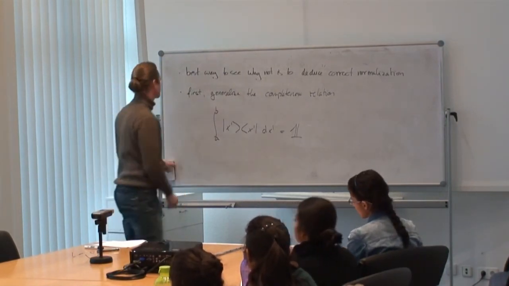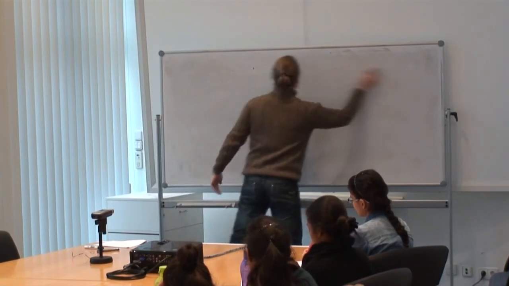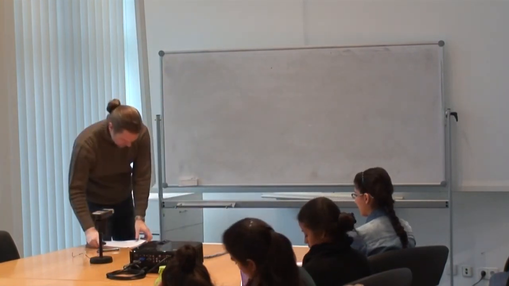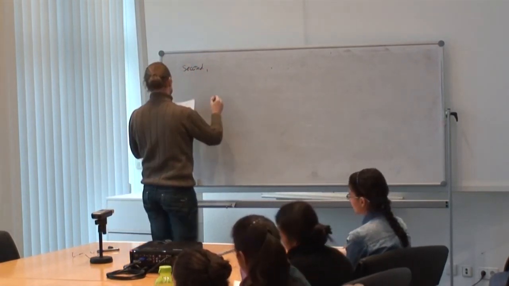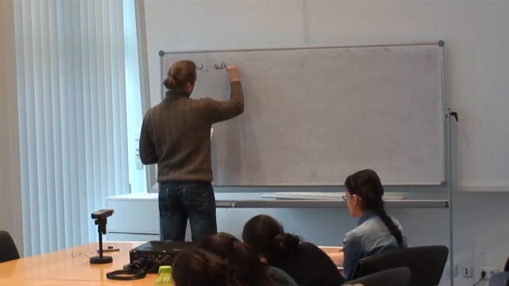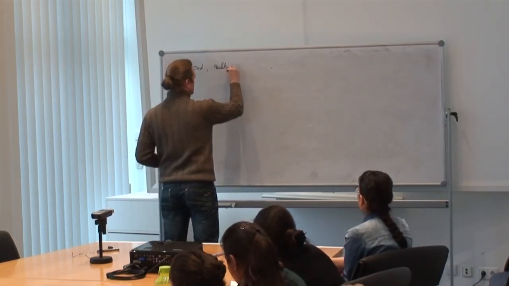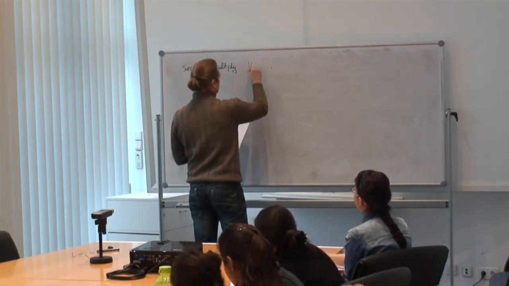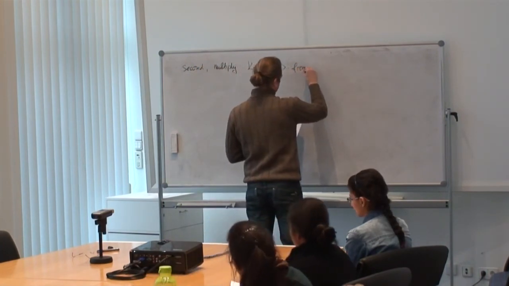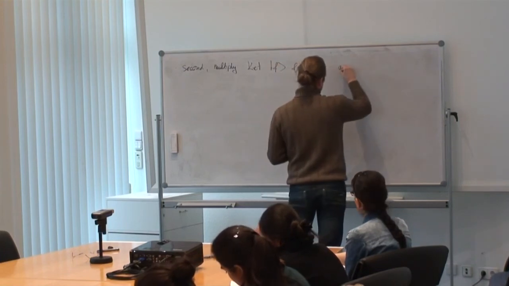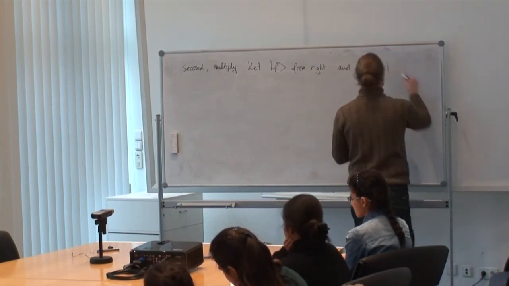I'll do that. So, second thing we do, we multiply the ket f, so basically our function, from the right, and the bra x, so that is to say a unit vector from the left.